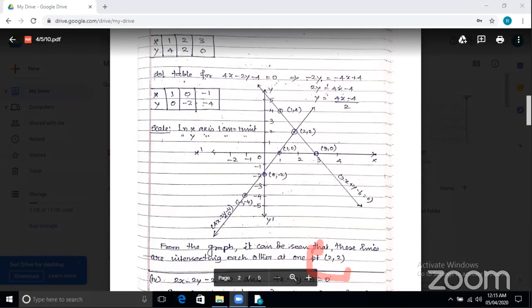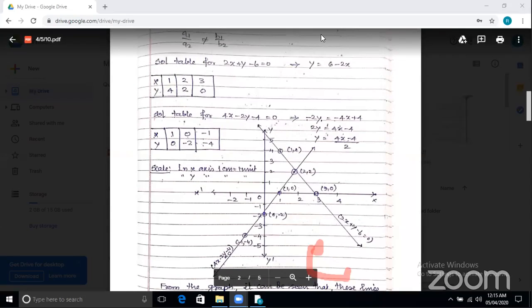Then plot these points in the graph. Now, here 1, 4. This is 1, 4. Any doubt?